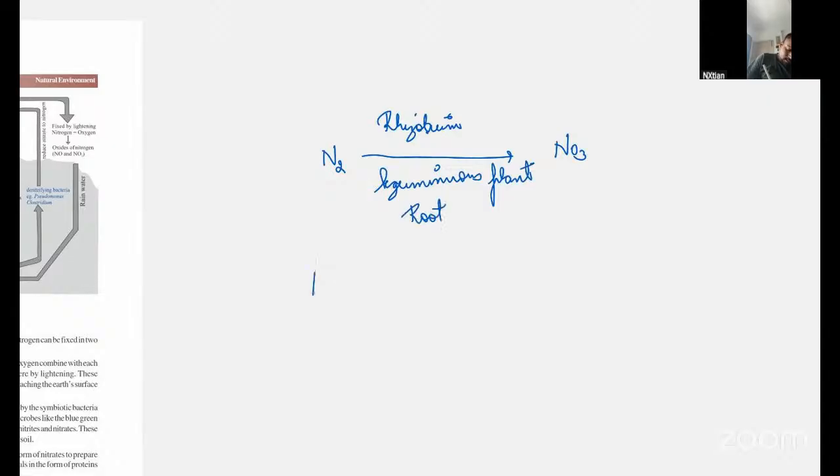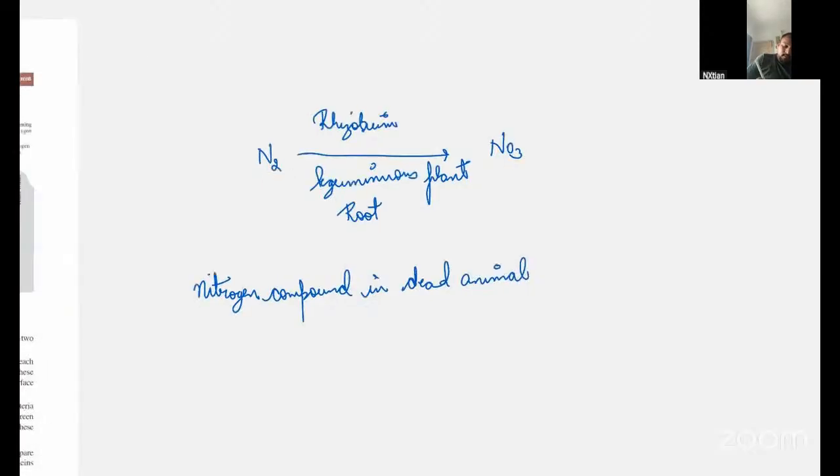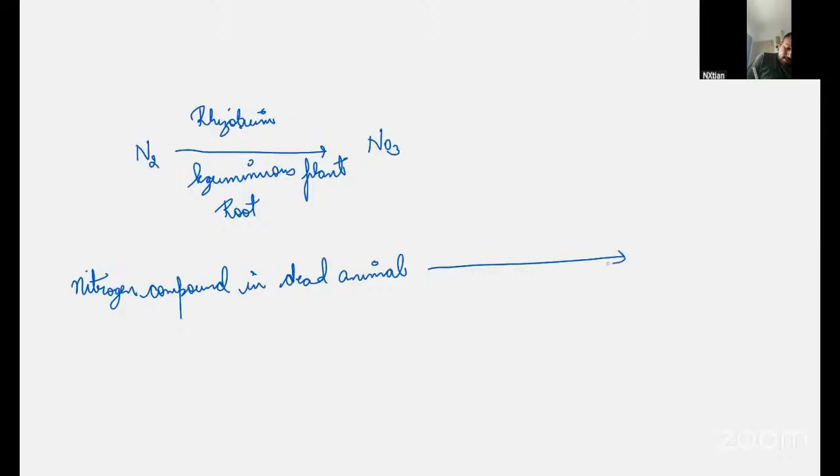Then the nitrogen compound in dead animals can be converted first by ammonifying bacteria to ammonia.